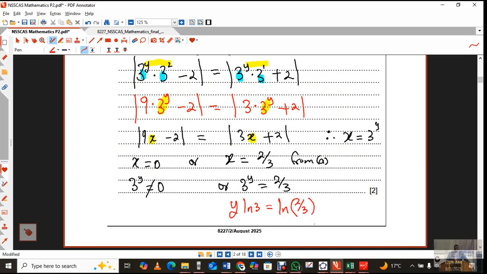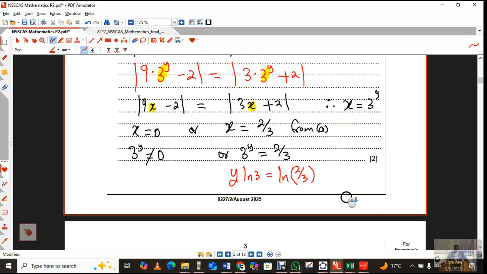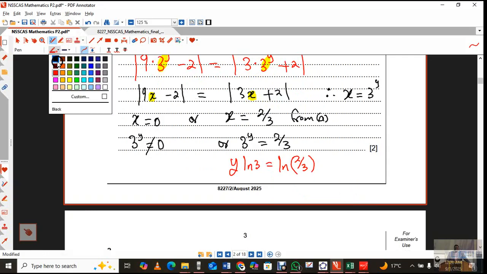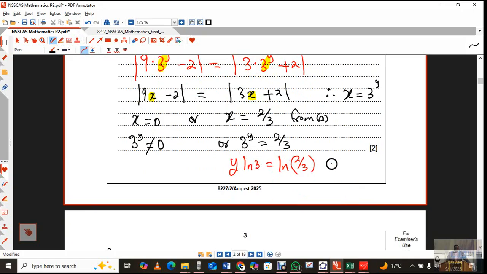Well, you can actually clean this up if you divide throughout by the natural log of 3. So this is going to give me the natural log of 2 over 3, and that's going to be divided by the natural log of 3.